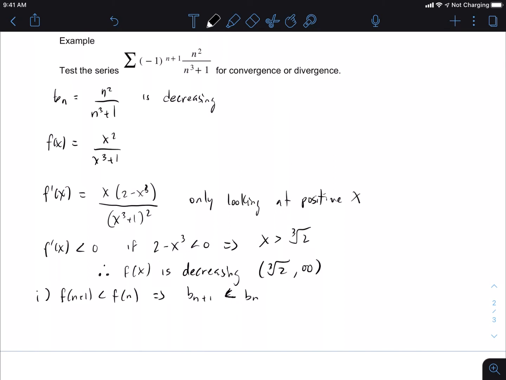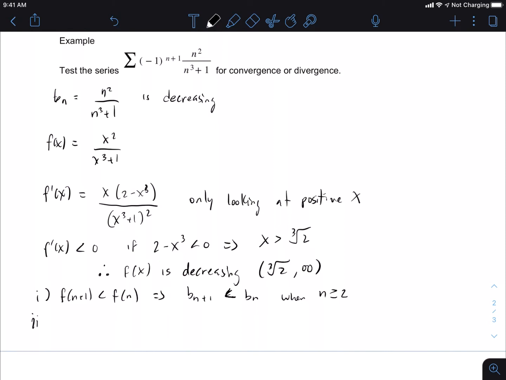That's the first condition for the alternating series test. And this happens when n is greater than or equal to 2. You can see that by just plugging in the n plus 1 and the n plus 2, and you can see that this is occurring. So we have that happening.